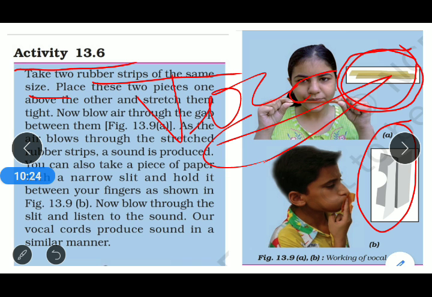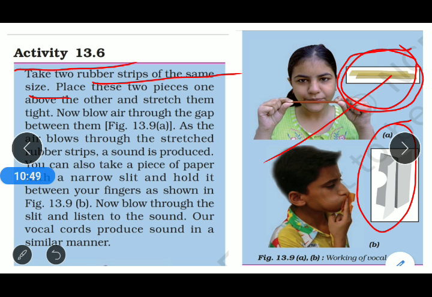They are the vocal cords situated in our voice box, and when the air passes through them, it produces the sound. In that way the vocal cord is vibrating, and when the vocal cord vibrates, it produces the sound. That is the basic functioning of the vocal cord.